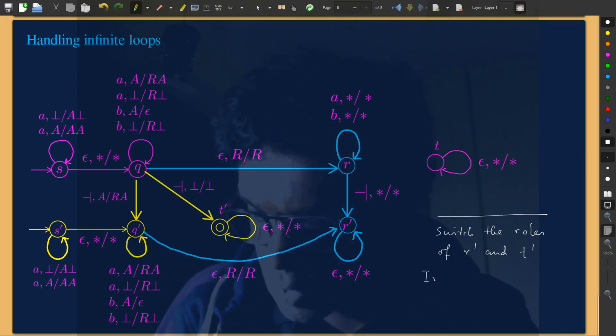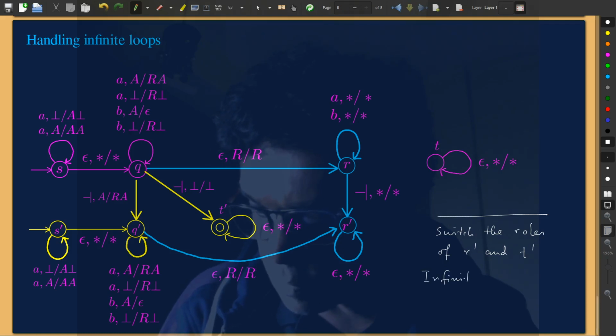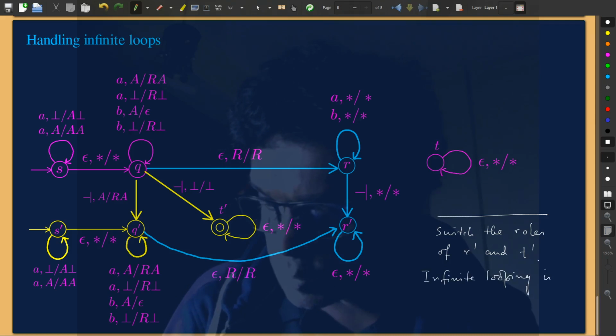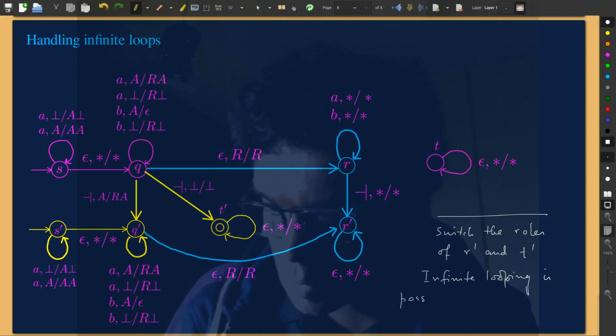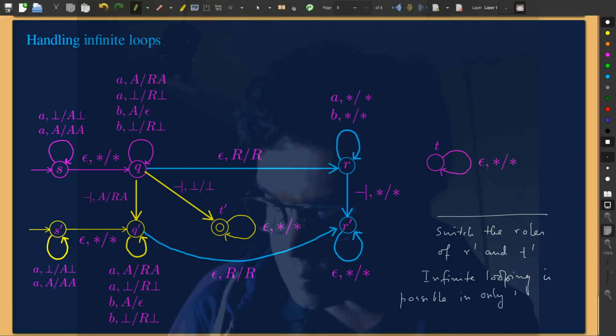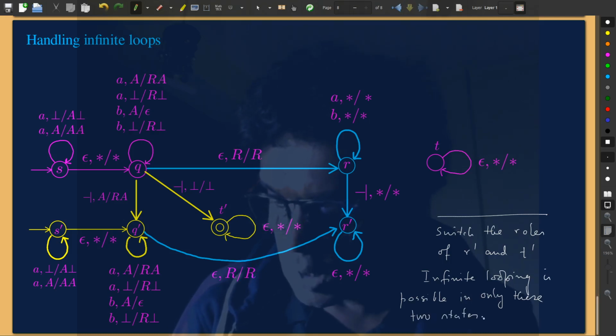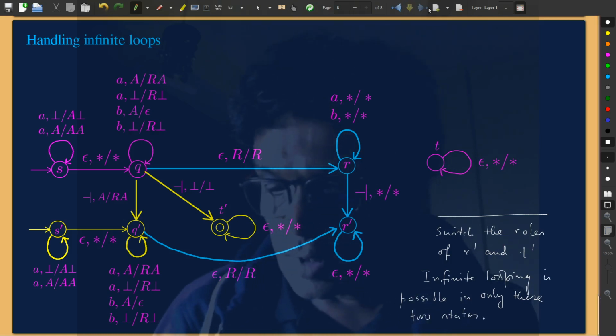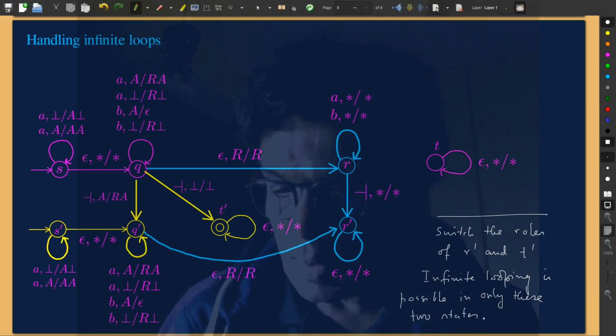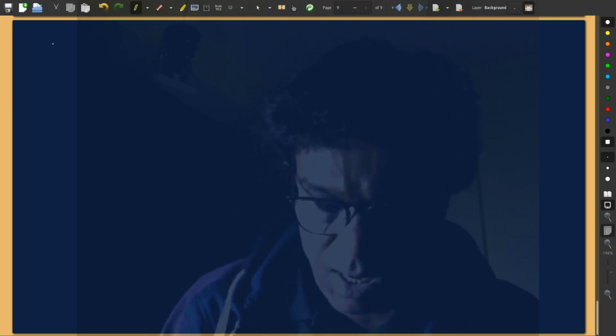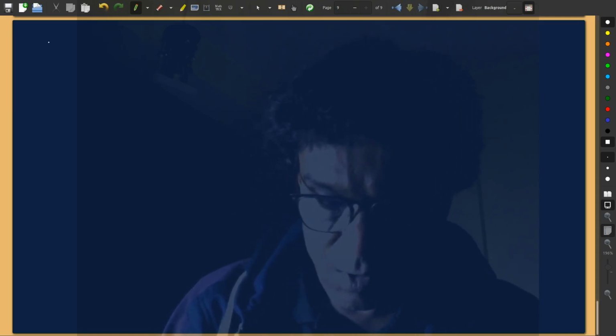So infinite looping is possible in only these two states, because I have broken all other possible loops. Okay. So this eventually establishes that DPDA are closed under complement.